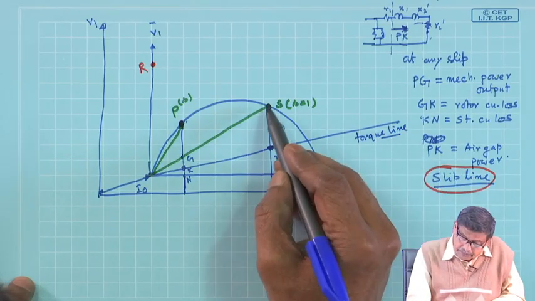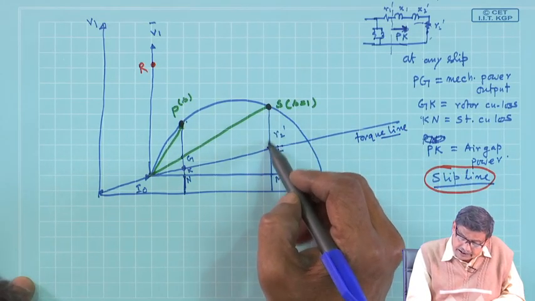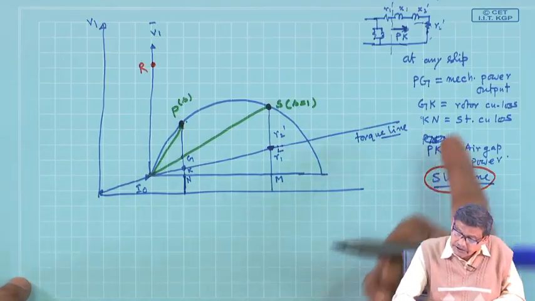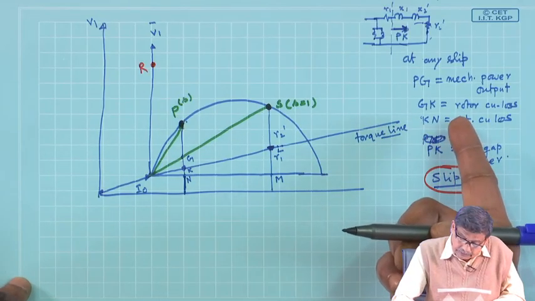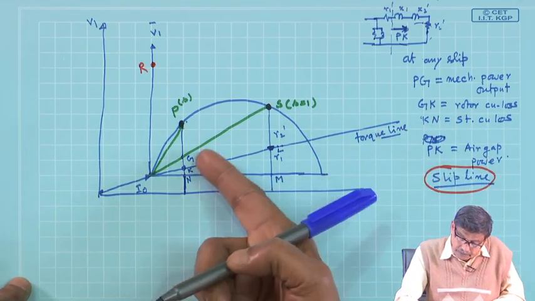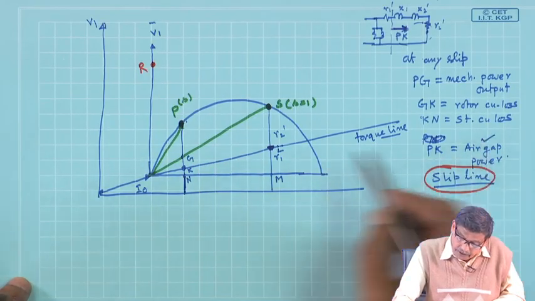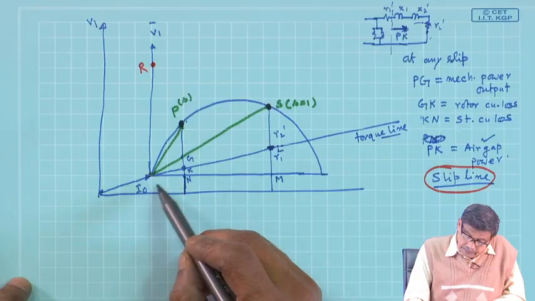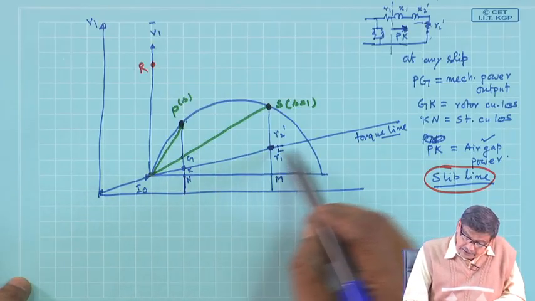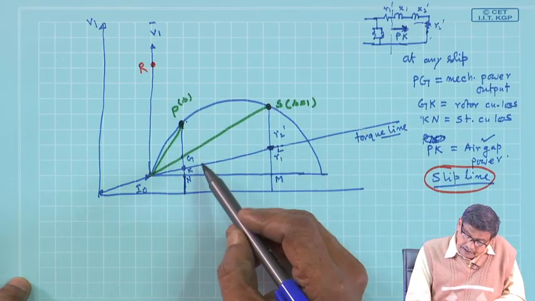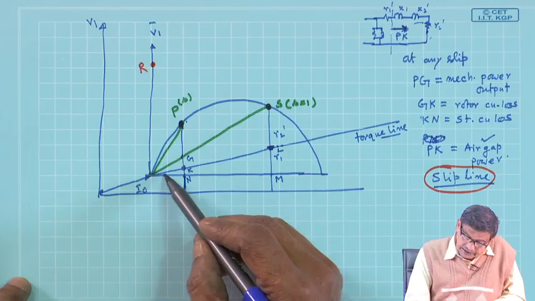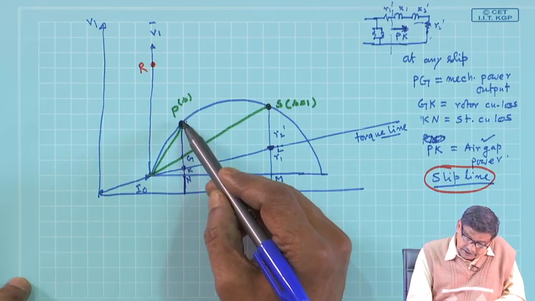Why torque line? Because this power, air gap power, is a measure of torque. G k is rotor copper loss. So, P k is air gap power. Therefore, this is the torque line, and that is the air gap power, this intercept.